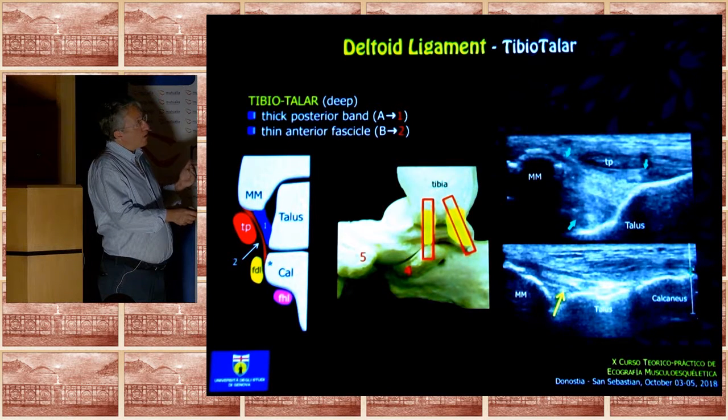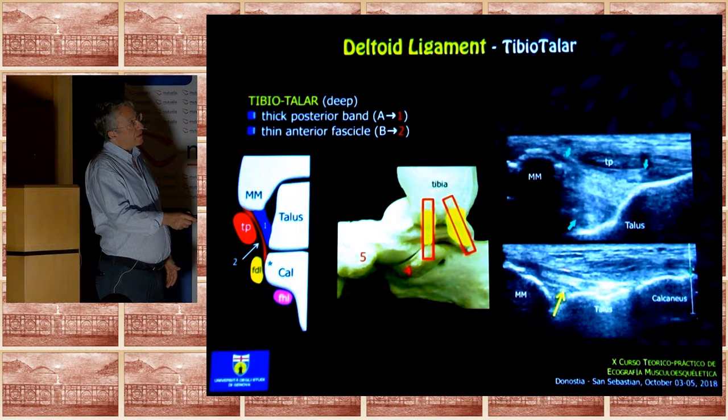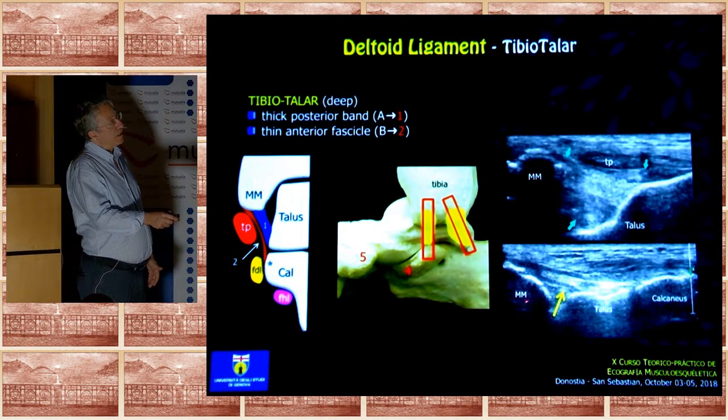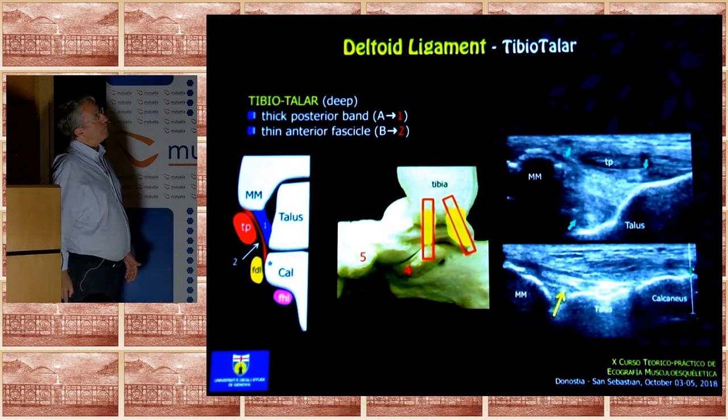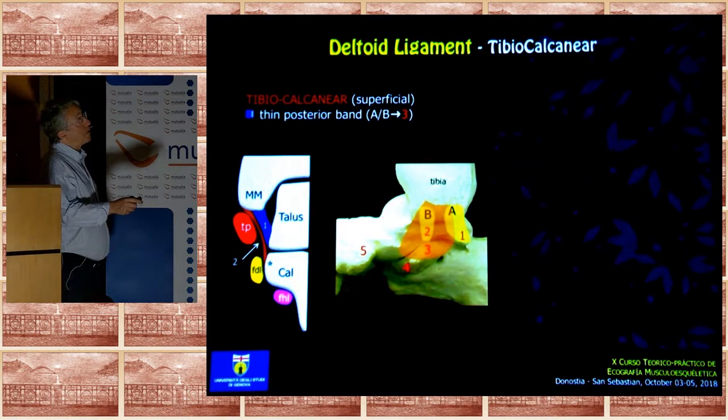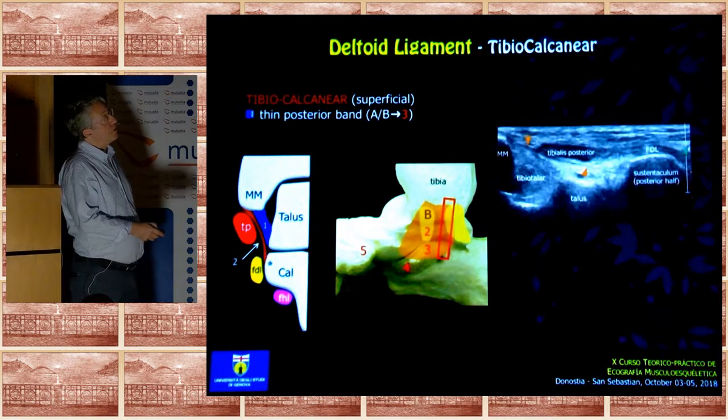If you go more anteriorly, you see the tibiocalcaneal more clearly. This is the medial malleolus, talus, and calcaneus. And this is the second fascicle of the tibio-talar ligament connecting this area. The tibiocalcaneal is superficial.